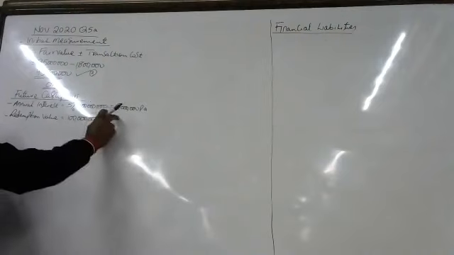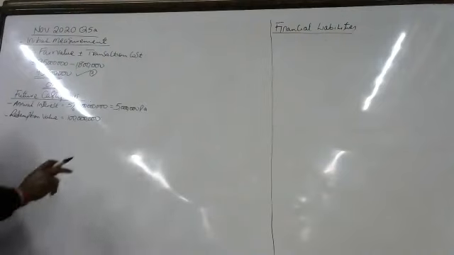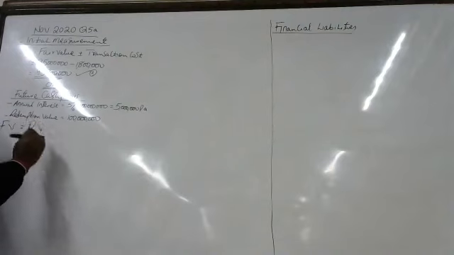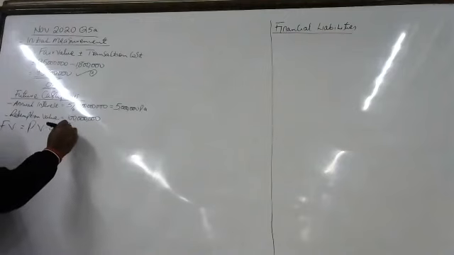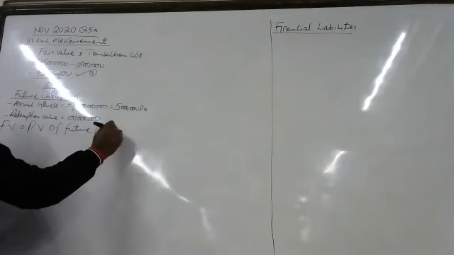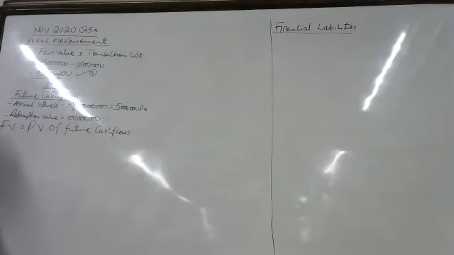So these are the future cash flows: annual interest and repayment of the principal, which is 100 million. So fair value equals present value of future cash flows. I'm doing this because in another question the market price will not be given. It will be required to estimate by discounting.